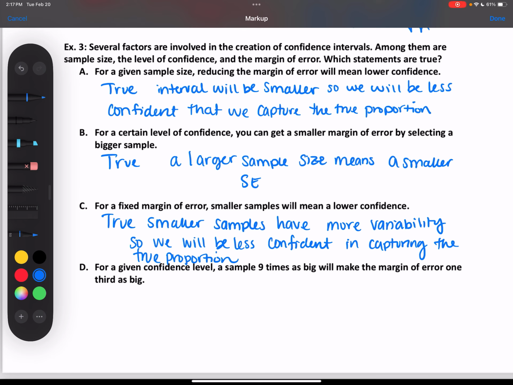How would you go about disproving things? Making the sample 9 times as big. Oh, yeah, I guess it is true mathematically.